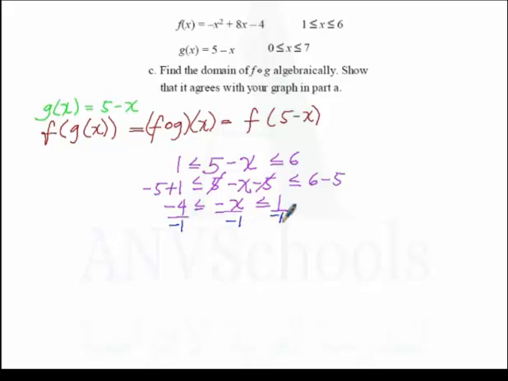And dividing by a negative means that we have to change our signs for both of the sides. So we have 4 here, and negative 1 here.